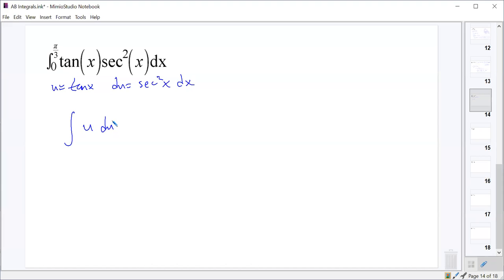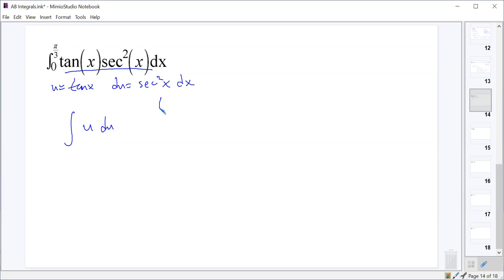Okay. Now, what is this 0 and this pi over 3? What variable are those numbers representing? X. X does, right? But we've gone from an integral that was all in terms of x to an integral that was all in terms of u. So in order to evaluate this, we need to change each of these limits from an x value to a u value.